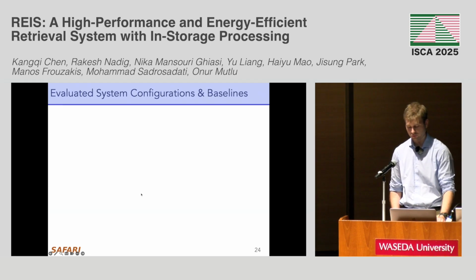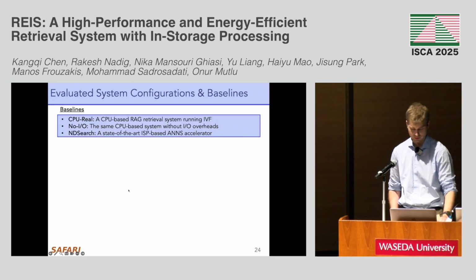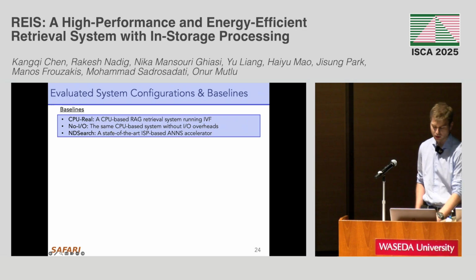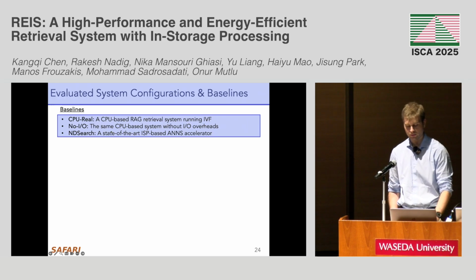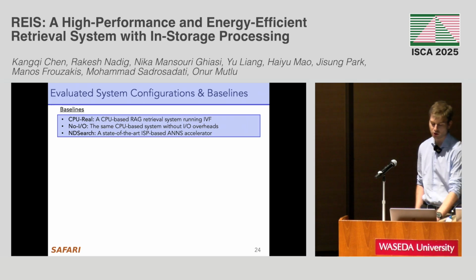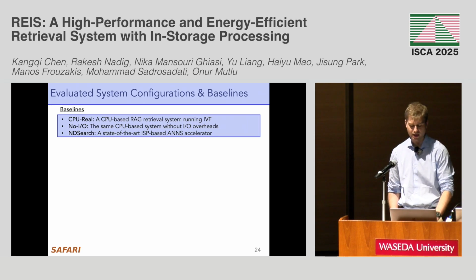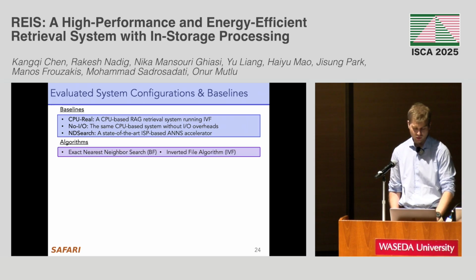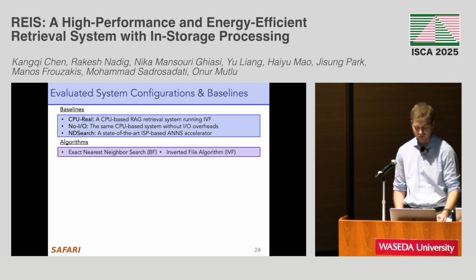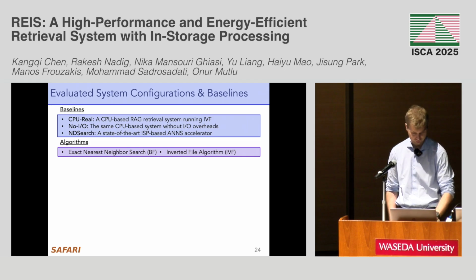For the evaluation of REIS, we use multiple baselines. We use CPU real, which is a CPU-based retrieval system running IVF, NoIO, which is the same CPU-based system but without incurring any IO data movement overheads, and NDSearch, which is a state-of-the-art ISP-based ANNS accelerator. We evaluate performance on exact nearest neighbor search, or brute force, which we call BF here, and the inverted file algorithm, or IVF.